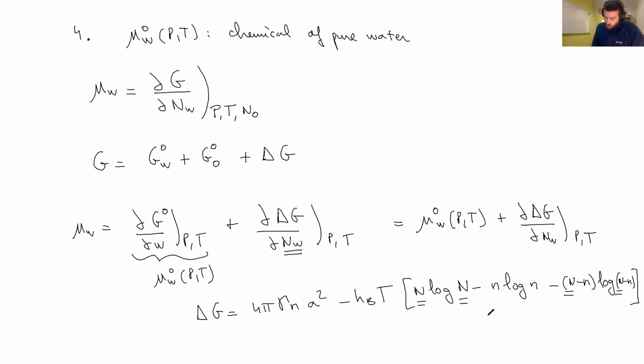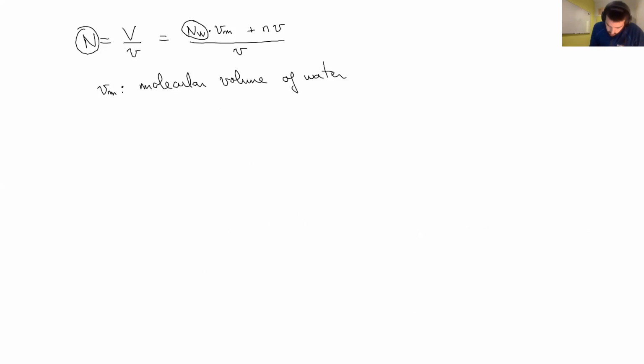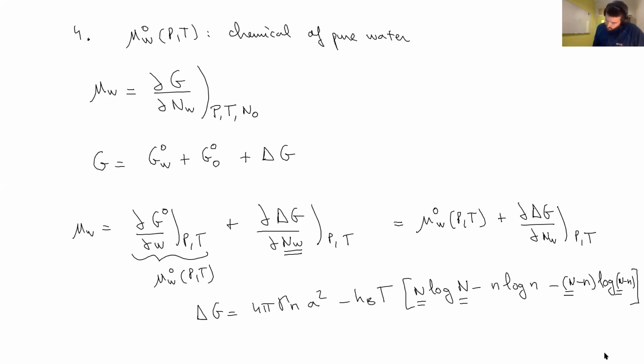So we can now calculate the total chemical potential. It's the pure reference. And then you have minus kBT. So here there is no water molecules. n is the number of oil droplets. So there is no contribution of the enthalpic part. And the entropic part, well, we will have two contributions.